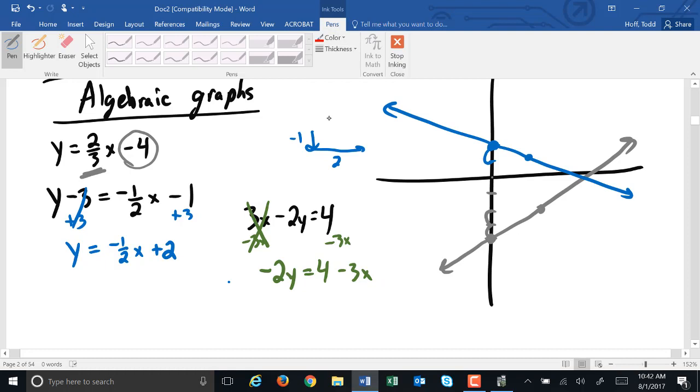And now I have to get rid of the negative 2. It is multiplying y, so I'm going to divide by negative 2. And remember, when we divide, we have to do it to every term. So the negative 2's divide out there, leaving me with y. What is 4 divided by negative 2? Negative 2.